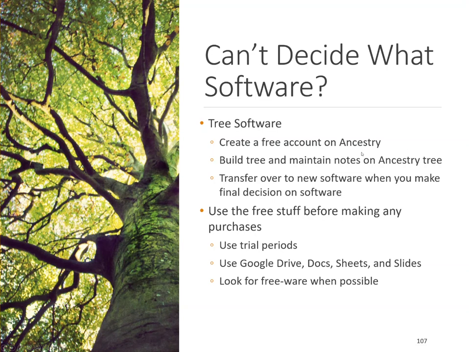But put it in Ancestry and keep it private initially. Someday you might want to make it public, but keep it private and start there. That way it's free and you haven't committed yourself to any one strategy. And then look for free trial periods. Use Google Drive and Google versions of the Word, spreadsheet, and presentation software, and just keep it free.